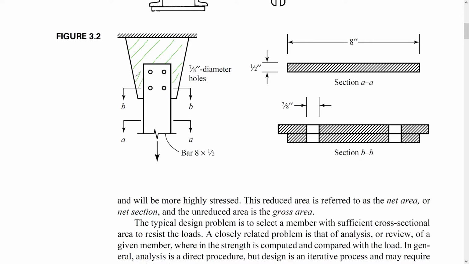What does gusset plate mean? The gusset plate is a connection member to transfer the load to a support or to another structural member.